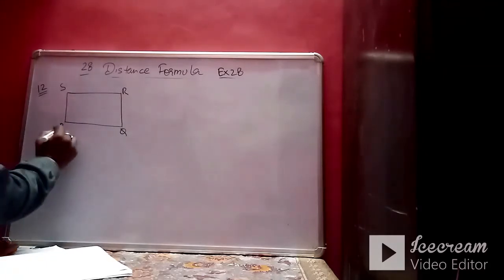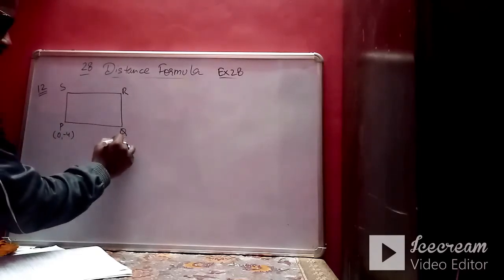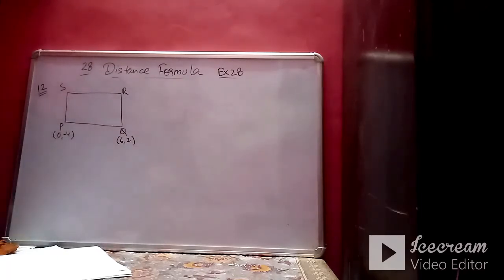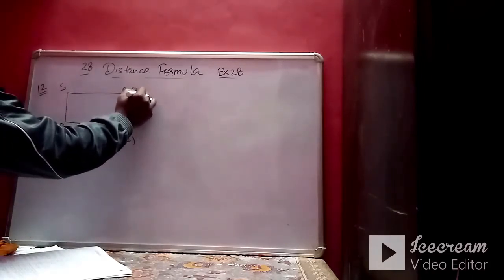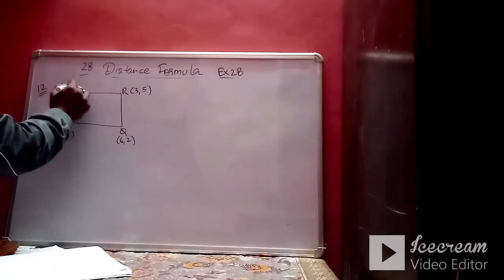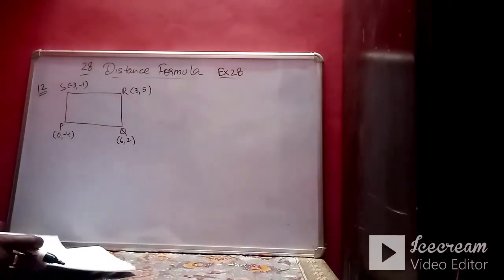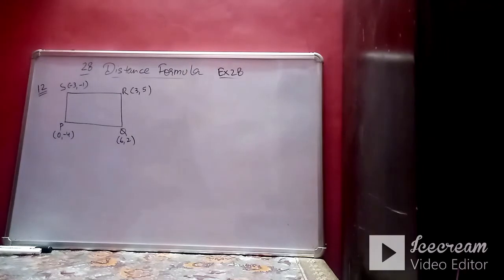So P is (0, -4), Q is (6, 2), R is (3, 5), and S is (-3, -1). And we have to prove that these are the vertices of a rectangle PQRS. So like I have told you, in order to prove that these are the vertices of the rectangle, we need to calculate the value of all the sides as well as the diagonals.